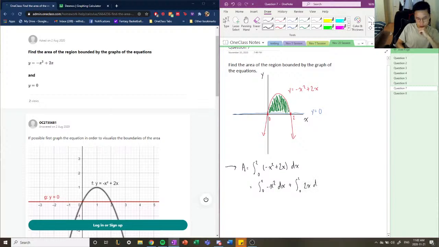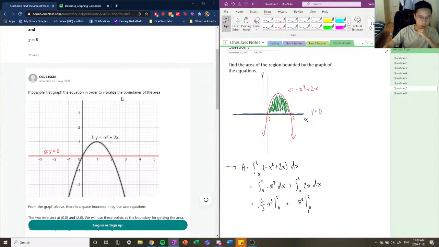2x dx. We're going to use our power rule here, which gives, from 2 to 0, negative 1 over 3 x cubed. This should just be this. Plus, this is also the power rule, but since we have a 2 down here, it's very convenient for us. It's just x squared, from 2 to 0.